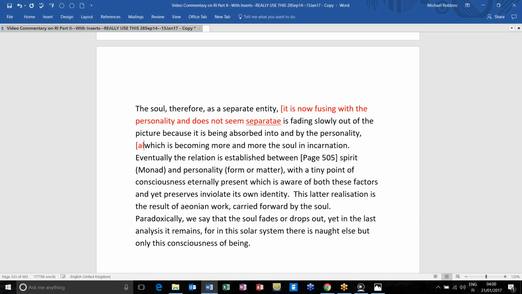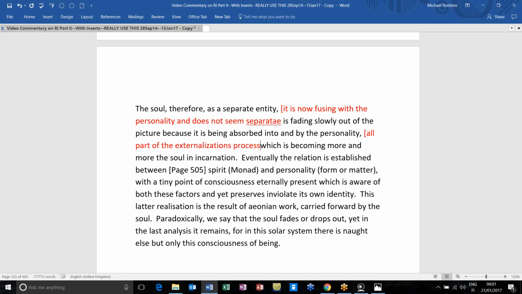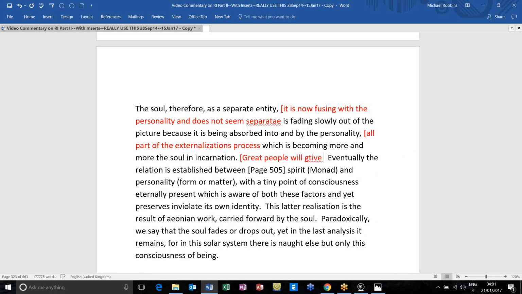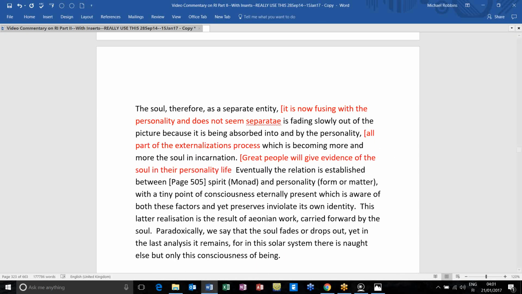This is all part of the externalization process. It's being absorbed by the personality, which is becoming more and more the soul in incarnation. And so great people will give evidence of the soul in their personality life, obviously.